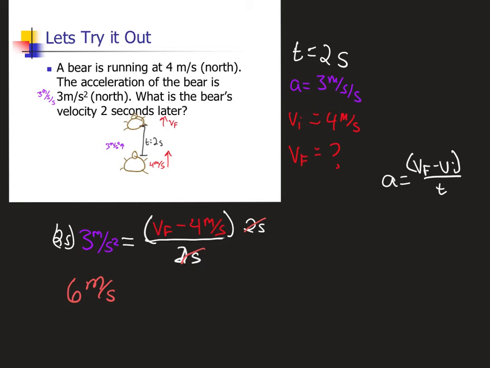Now we then have another part of that, and that is our final velocity minus our initial, which is 4 meters per second.